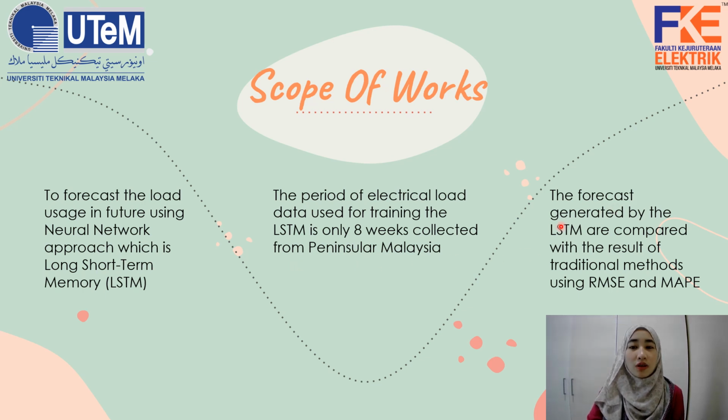Lastly, the forecast generated by the LSTM is compared with the result of traditional methods using RMSE and MAPE. RMSE is root mean squared error and MAPE is mean absolute percentage error. We will calculate the RMSE and MAPE to see how accurate the forecasted data is.